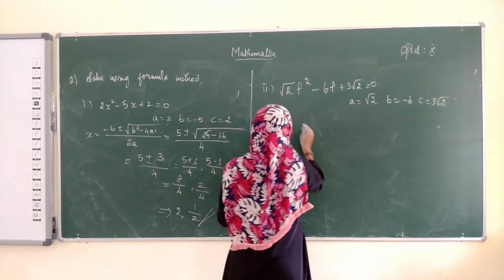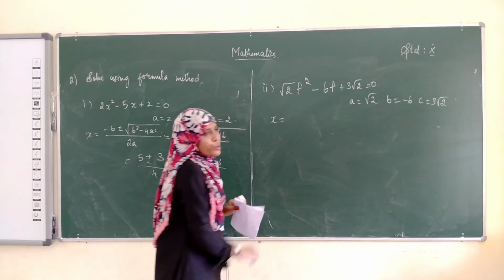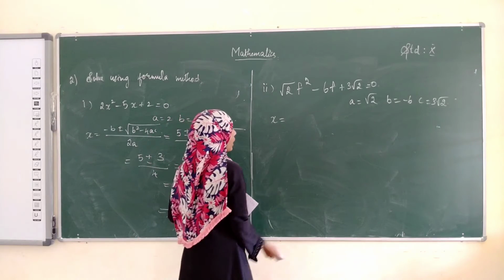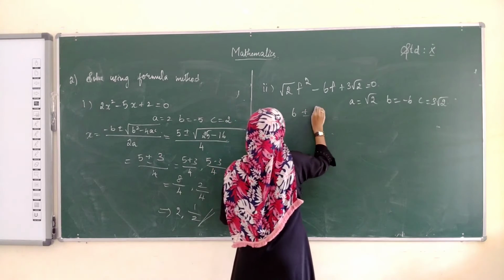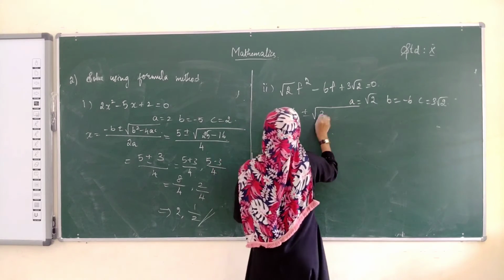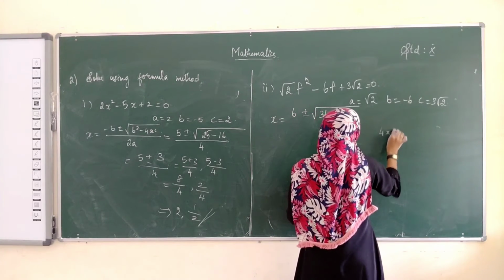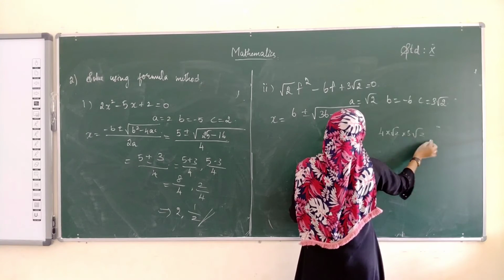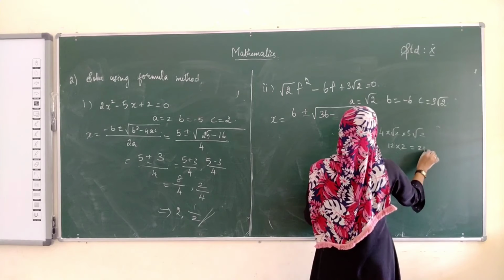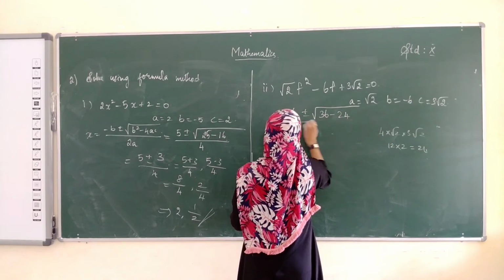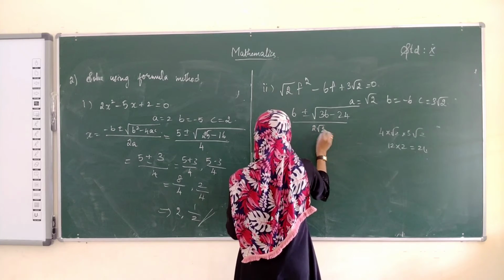Okay, now what's the formula? x is equal to minus b plus or minus root of b square minus 4ac divided by 2a. Minus of minus 6 is 6 plus or minus root of b square, 6 square is 36 minus 4 into a into c, that is 4 into root 2 into 3 into root 2. 4 into 3 is 12 into root 2 square is 2, that is 24, divided by 2 into root 2.